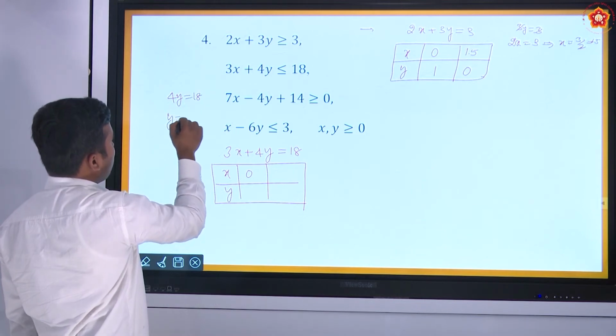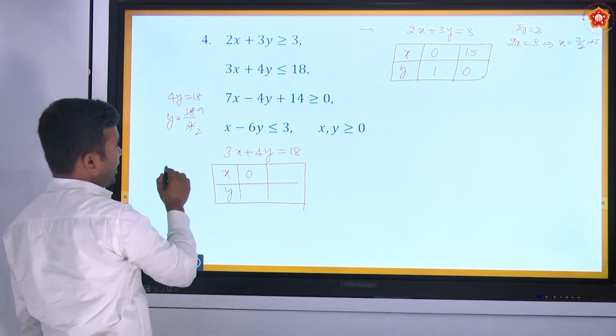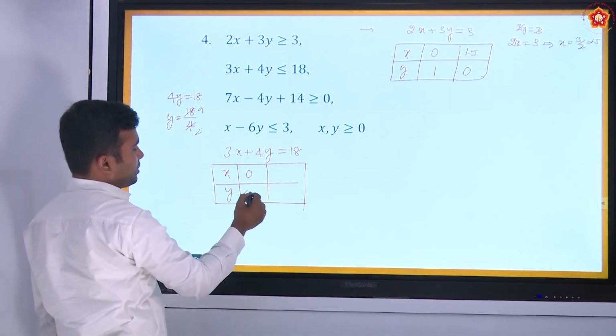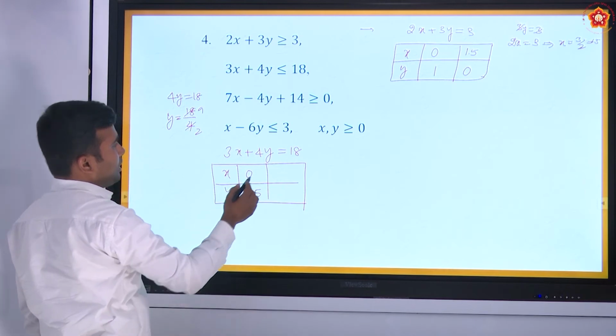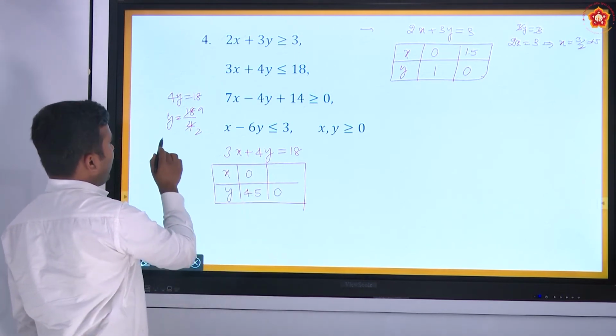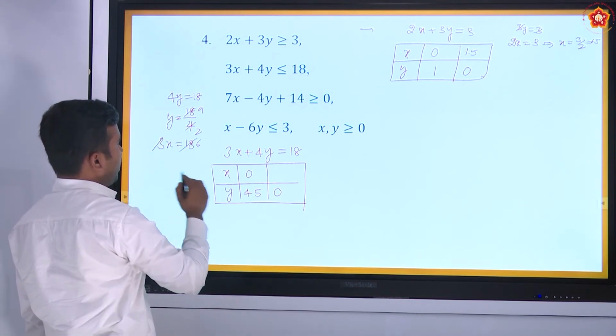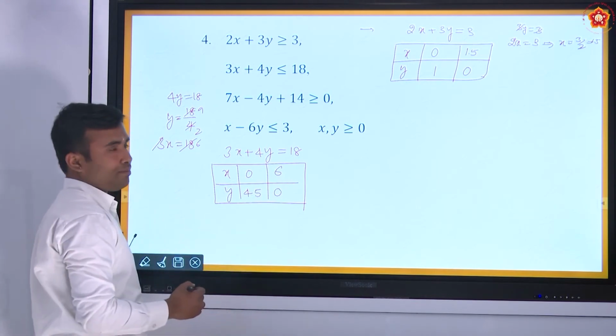So y is equal to 18 by 4, which is 9 by 2, so 9 by 2 is 4.5. Next, put y is equal to 0. You may have 3x is equal to 18. So x is equal to 6.